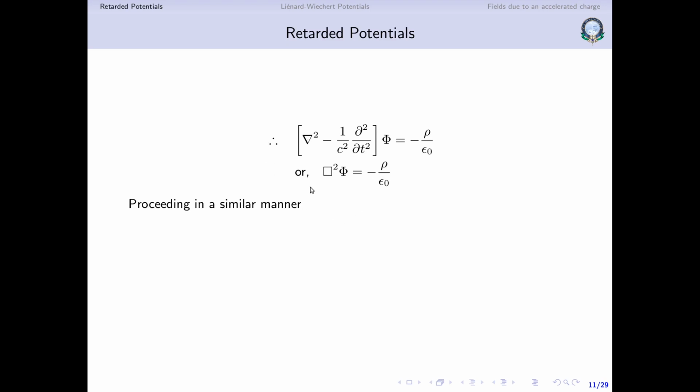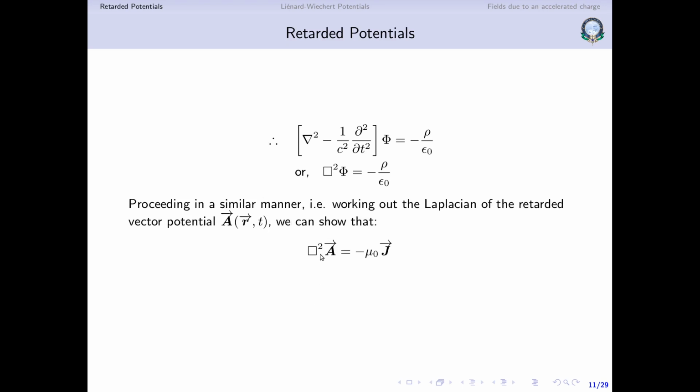We can proceed in a similar manner and do the same for each and every component of the vector potential. So I leave it to you as an exercise, and we can show that this expression is also valid for each and every component of A, that is for Ax, Ay and Az. For all of them it is valid, so you can combine them together.